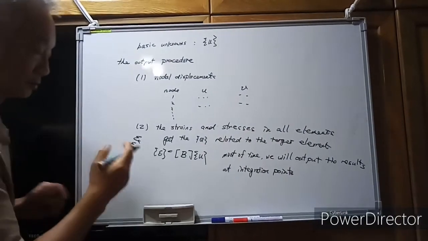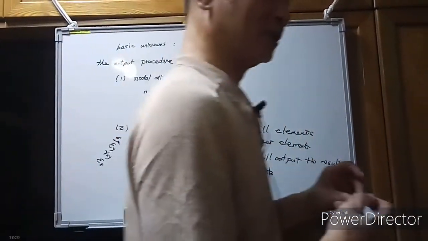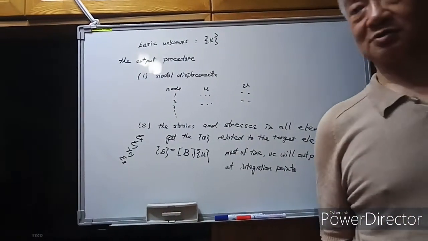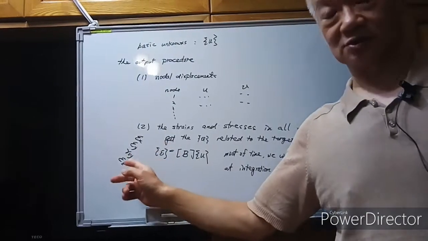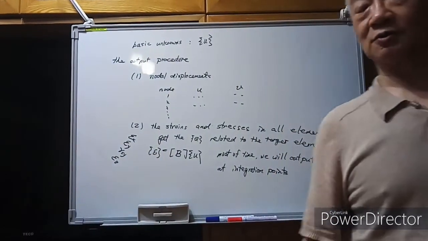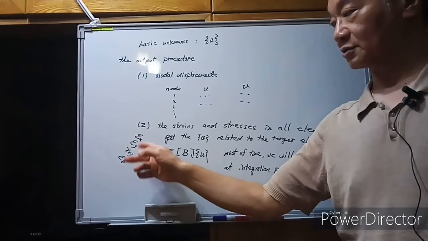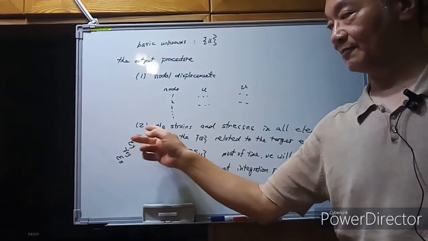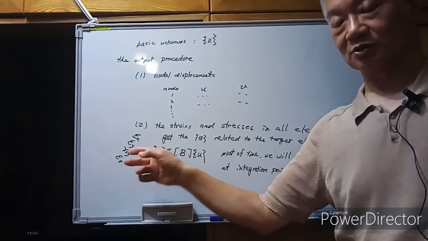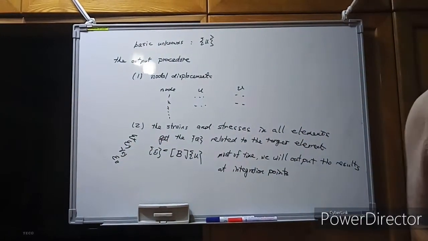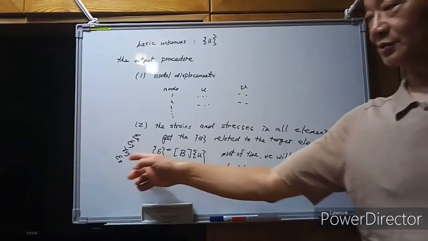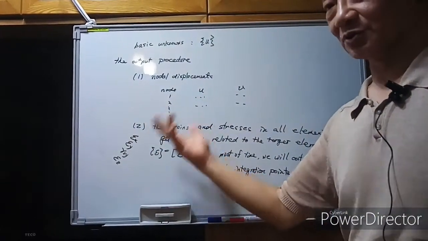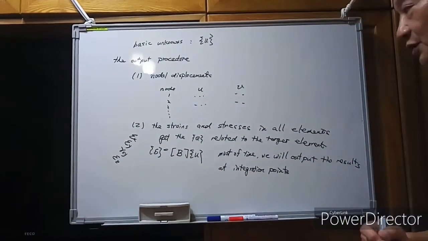Remember, due to the Poisson's ratio, if we consider plane strain problems, epsilon z is also non-zero. When you output the results, you can use the Poisson's ratio multiplied by epsilon x and epsilon y, so you can get epsilon z. Okay, you need to use the correct formula.